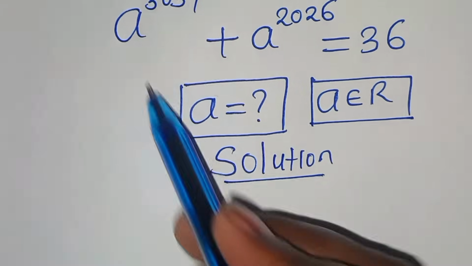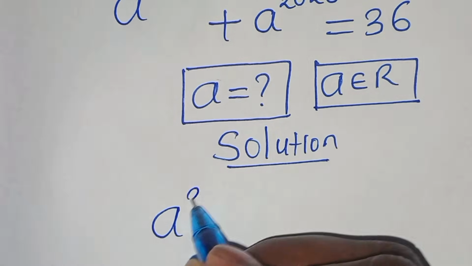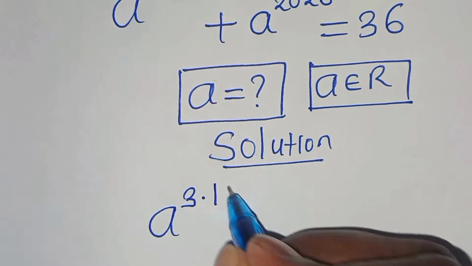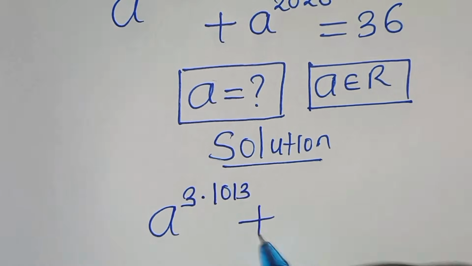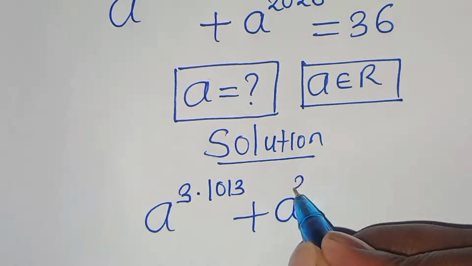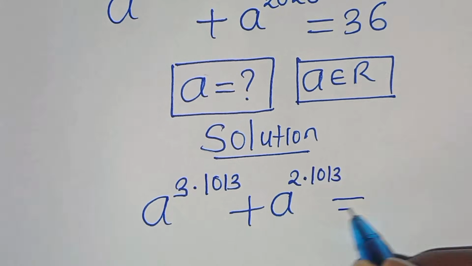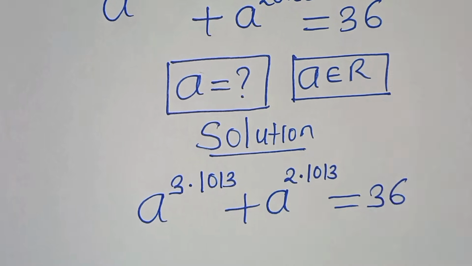We can express a to the power of 3039 as a to the power of 3 multiplied by 1013 plus a to the power of 2026. This can be expressed as a to the power of 2 times 1013, and this is equal to 36.